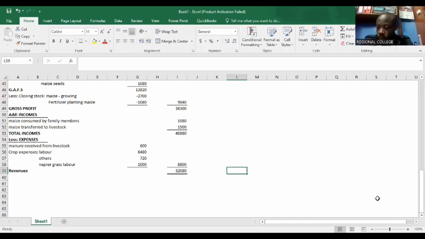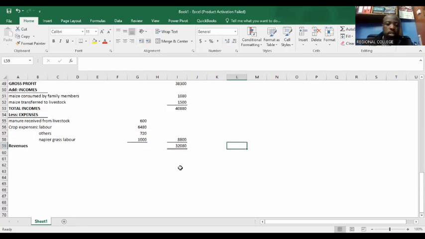So we can now go to the income statement. The name of the business is: the following trial balance was extracted from the books of David Wekesa, a farmer. So that is the name that I can use under the heading of our income statement.